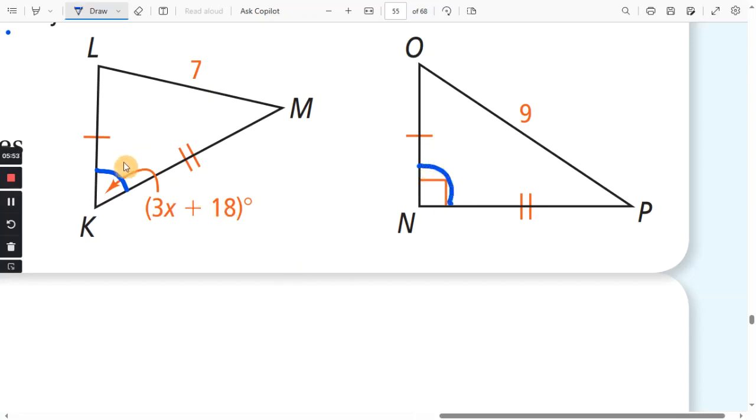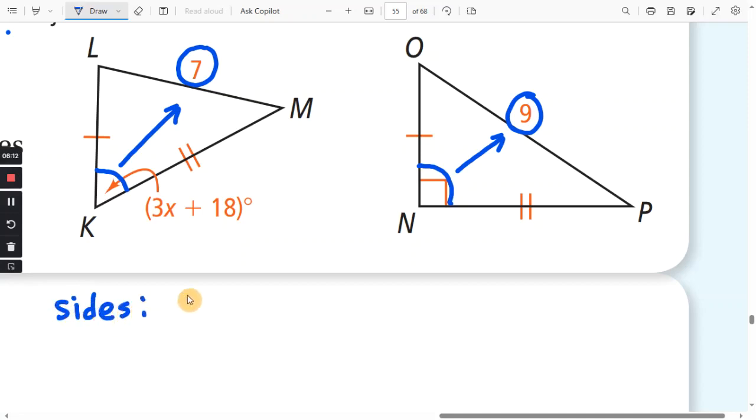Okay, going across from the angle to the side. Across from this angle, the side length is 7. And across from this angle, the side length is 9. So for the sides, of course, 9 is greater than 7.